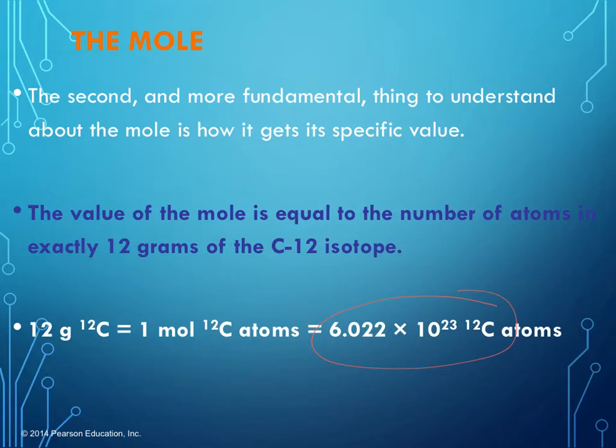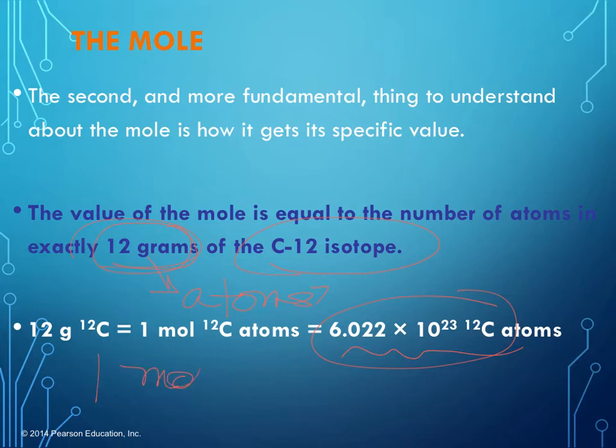So what they did is they took exactly 12 grams of carbon-12 isotope, which is the most abundant isotope of carbon, and determined exactly how many atoms were in that 12-gram sample of carbon-12. And as it turns out, 6.022 times 10 to the 23rd is exactly how many atoms of carbon-12 are in a 12-gram sample. And so that's the standard for 1 mole.